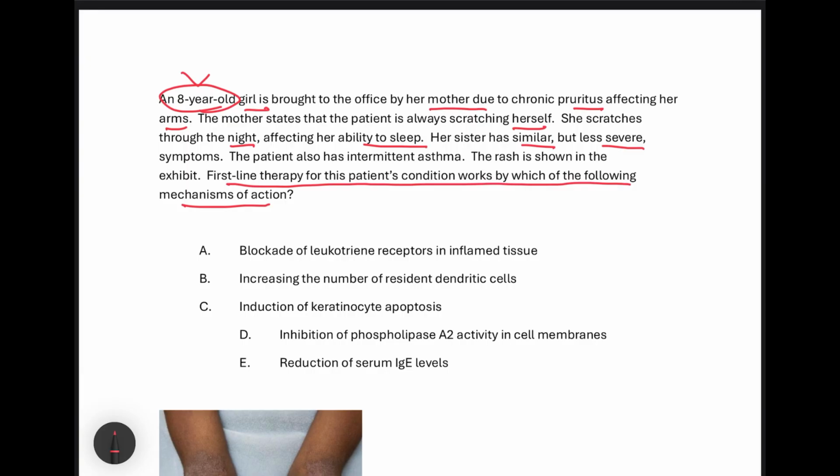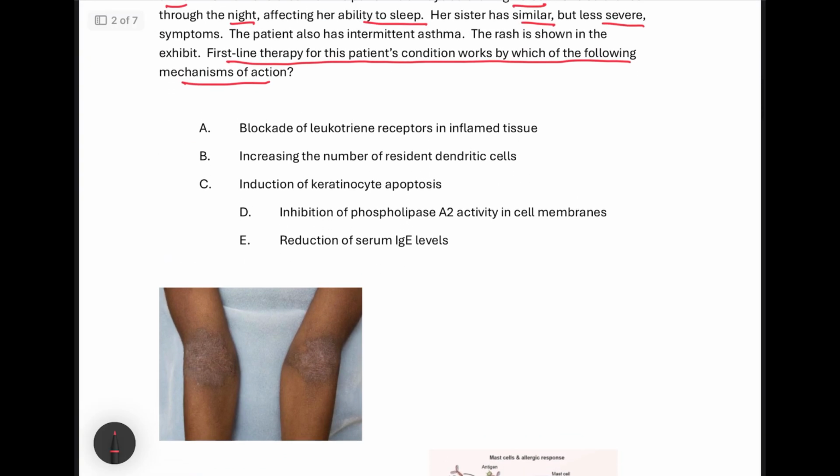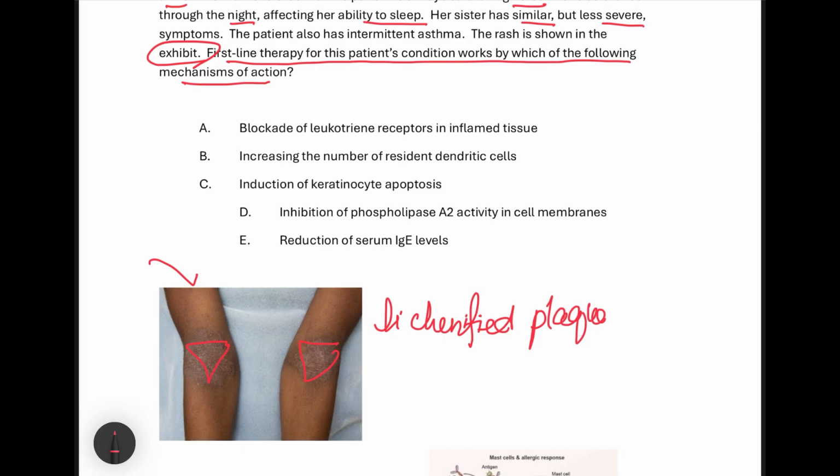First of all, this is the image that is shown in the question. This patient has pruritic lichenified plaques on the bilateral antecubital fossa.